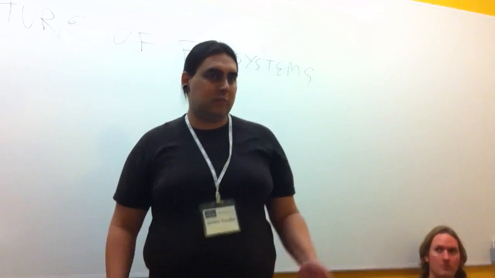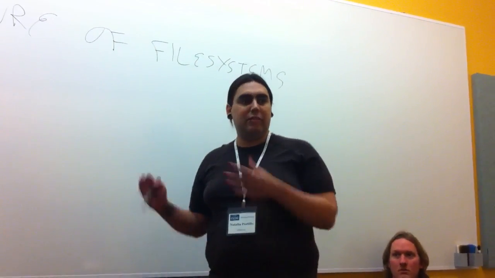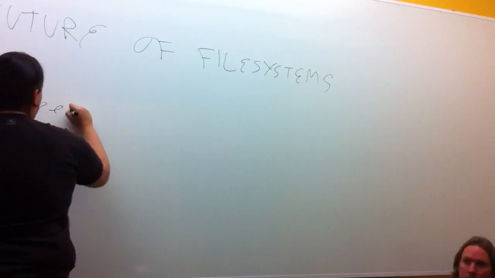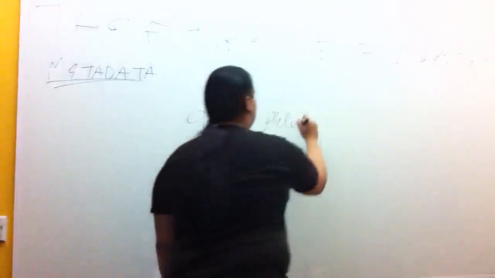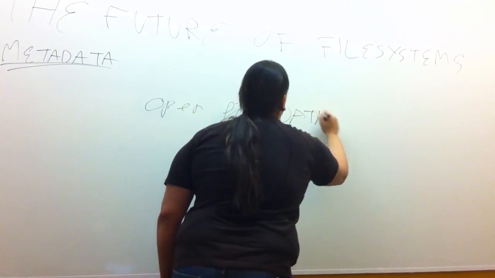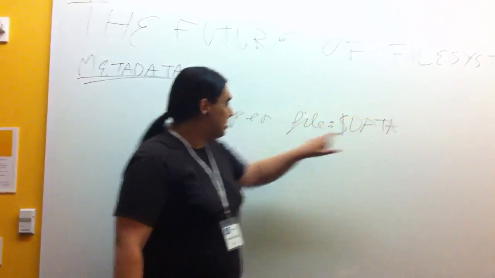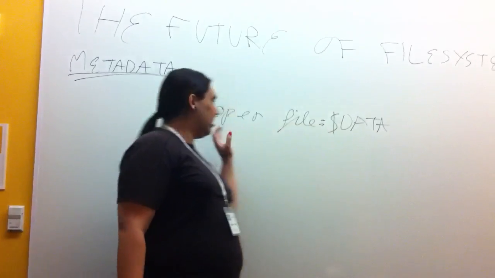So what you are asking is, on POSIX you just open a file and you get a handle. What happens right now on the NT file system, on the NT operating system, is that when you open a file, you are not opening the file, you are opening the data attribute of the file.